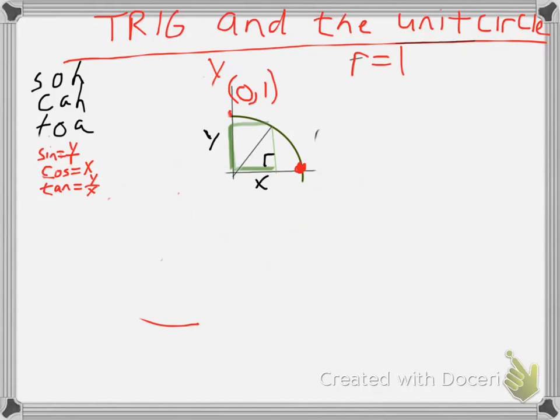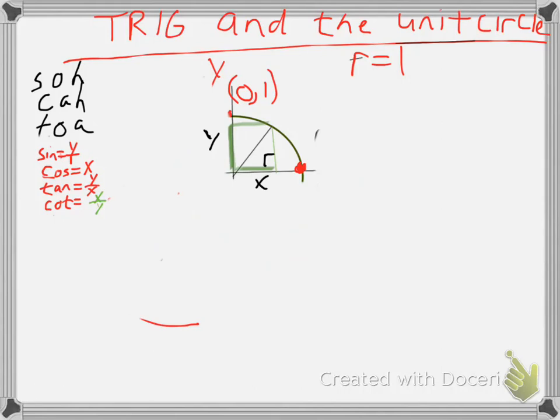So we have sine, cosine, tangent, and then we have cotangent, which by definition is the reciprocal of tangent. So we'll switch this, and we'll do this in green, that would be x divided by y.